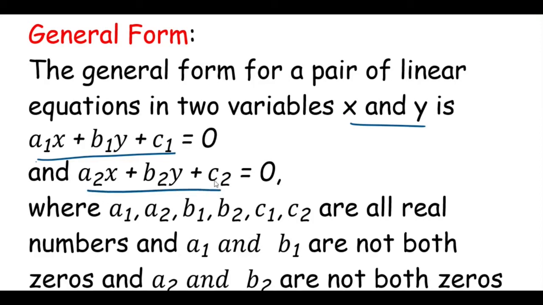Note that both equations are linear and in the variables x and y, where a1, a2, b1, b2, c1, c2 are all real numbers, and a1, b1 cannot both be 0 at the same time. The same condition holds for a2 and b2.